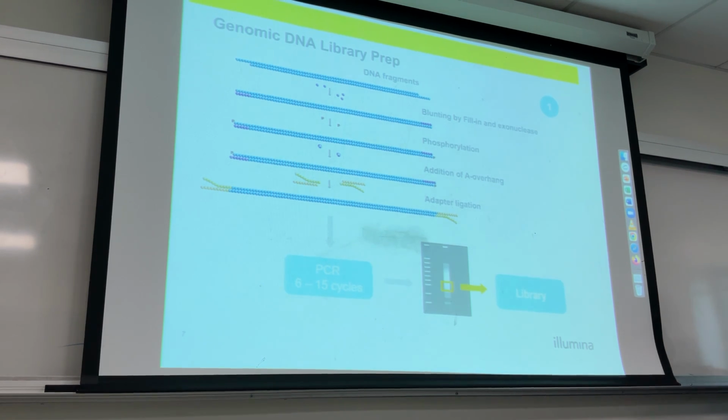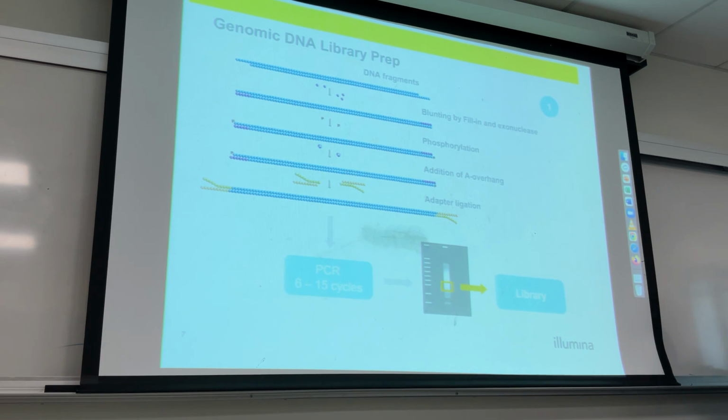You have to add a phosphate so that you have a phosphate for the hydroxyl group on the adapter to bind to. And you're then PCRing up, so you don't have just one copy of things, you have multiple copies of your target sequences.